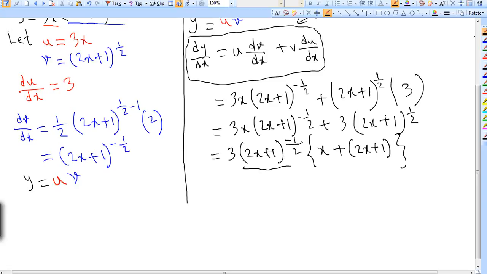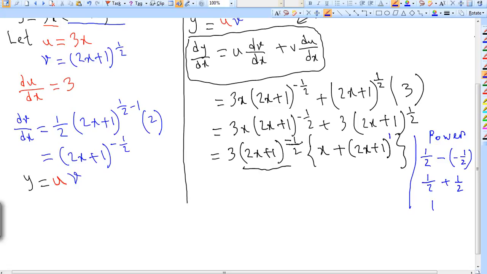Let me explain this again. If we take this as common, then we need to divide this with this. When we divide, the powers are subtracted: half minus minus half, which is half plus half, giving 1.